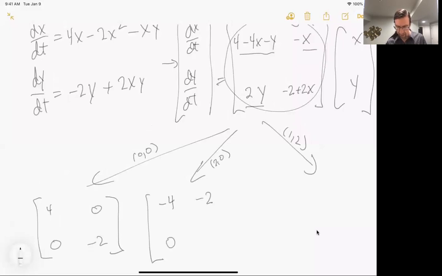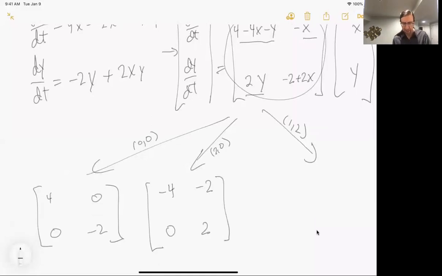And the bottom right, I have minus 2 plus 2 times 2. It's minus 2 plus 4, which is 2. That's called a triangular matrix. I can tell you right now the eigenvalues are minus 4 and 2. I'll work that out in a minute. But I don't know what the eigenvectors are. It's not so easy to figure out the eigenvectors. You have to actually do the work. We'll do it in a minute.